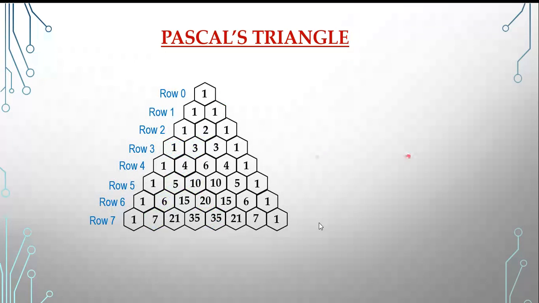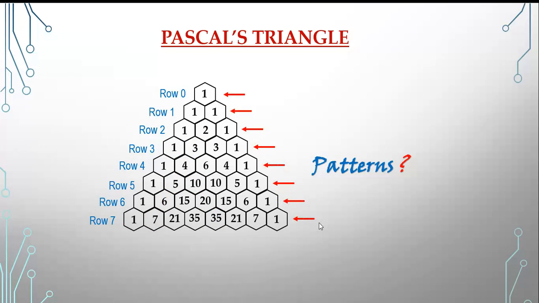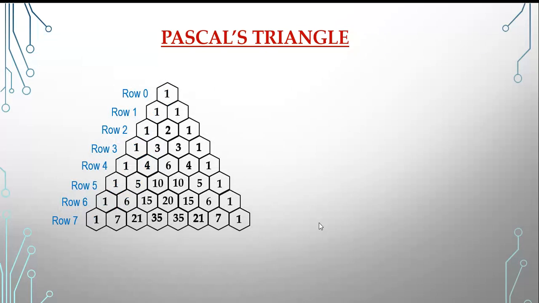Now, let me ask you the same question again. Do you notice any other pattern? It could be anything. Observe each row. Let's see what happens when we add the numbers in each row of Pascal's triangle. Try adding up the numbers in the second row.